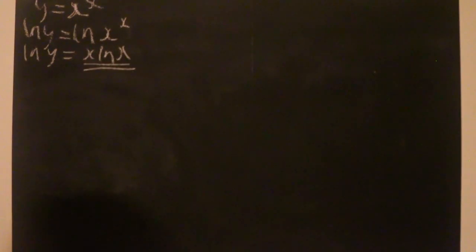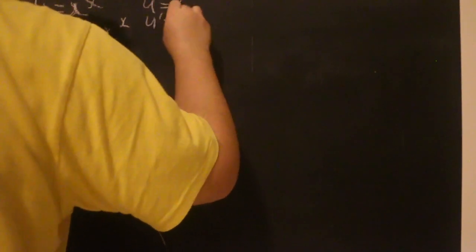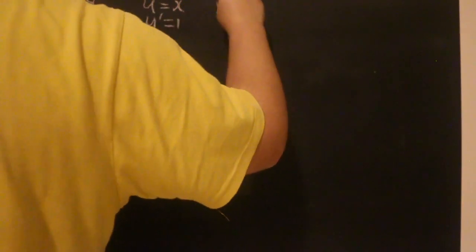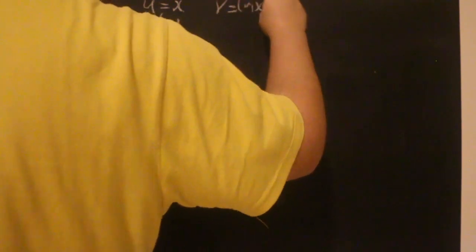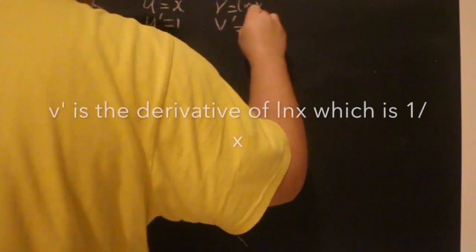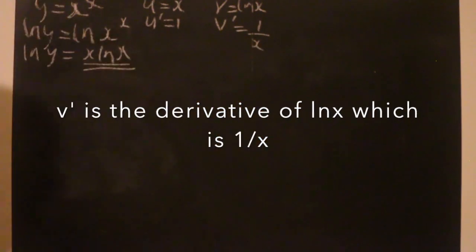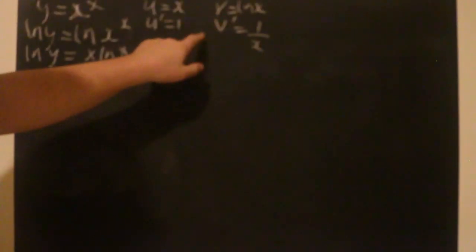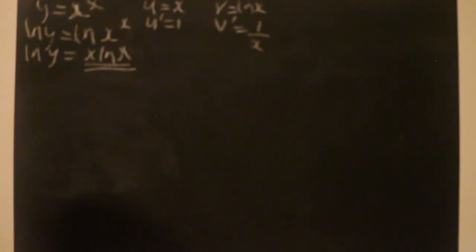So I'm assuming you know what the product rule is. If you don't, then I advise you to look at some tutorials online. So u equals x, u prime equals 1, v equals ln of x, v prime equals 1 over x. That is just writing out the product rule for ln of x.